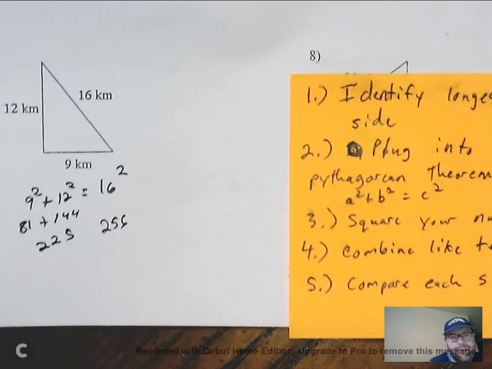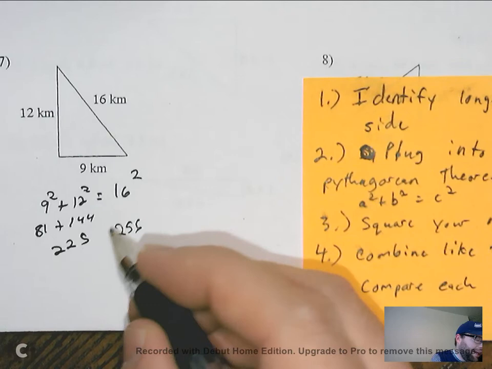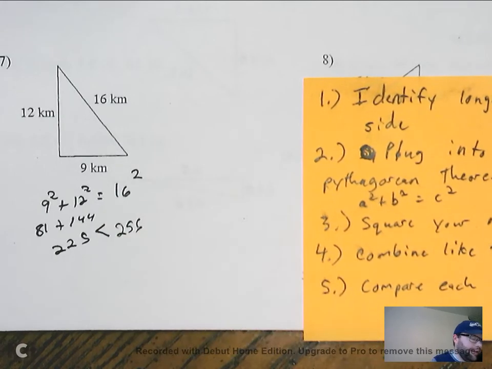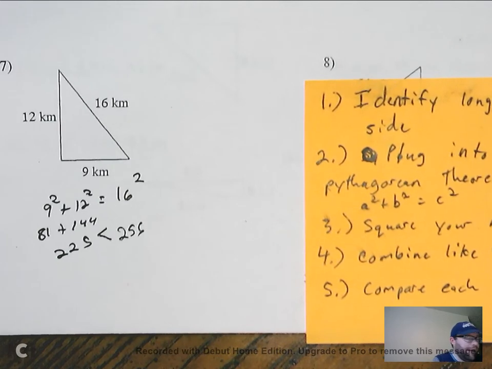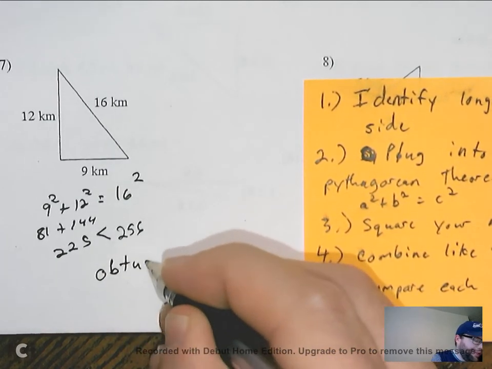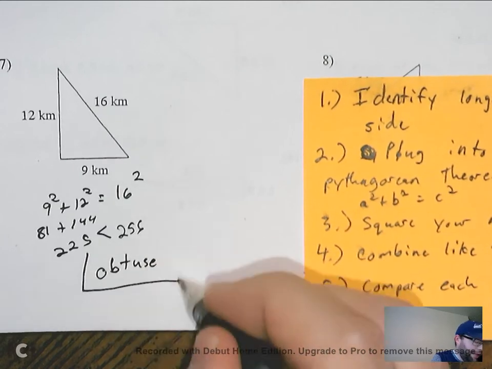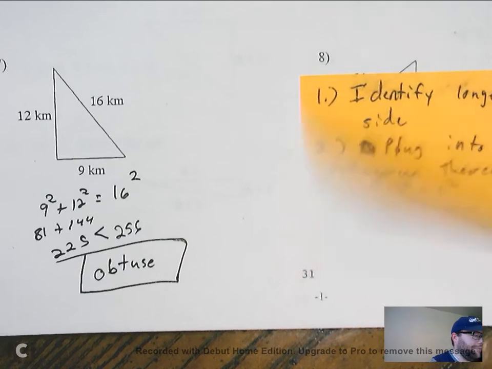Well, what have we here? 225 is less than 256, which means the longest side is the bigger side, which means this is obtuse. I mean, not very, it's slightly obtuse, but it is an obtuse triangle. It's very stubborn.